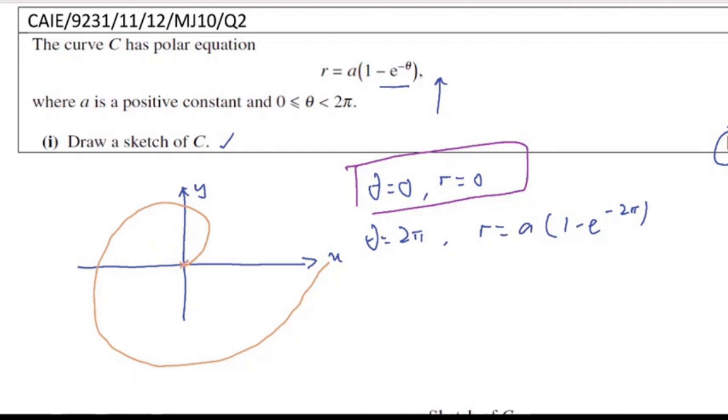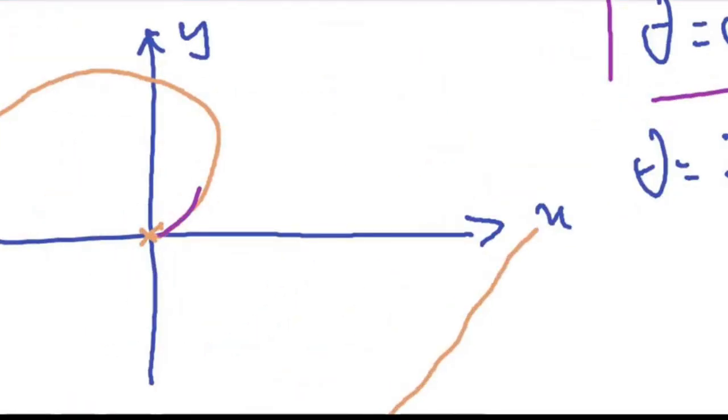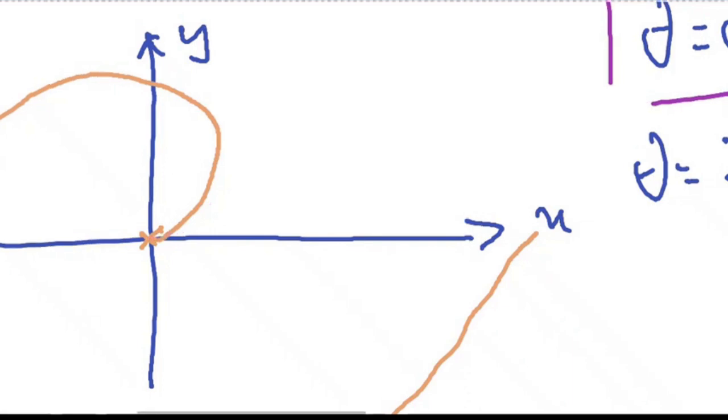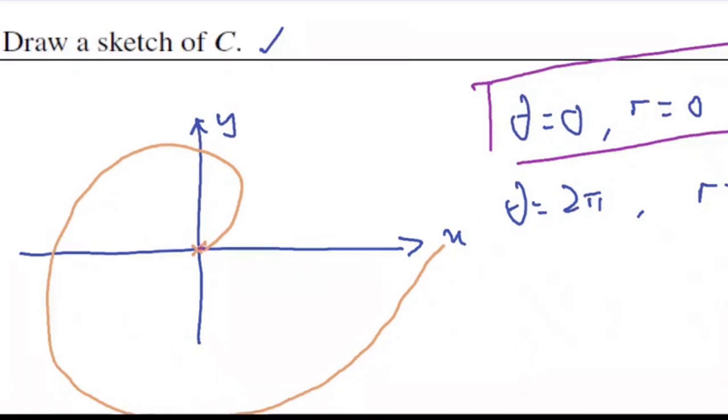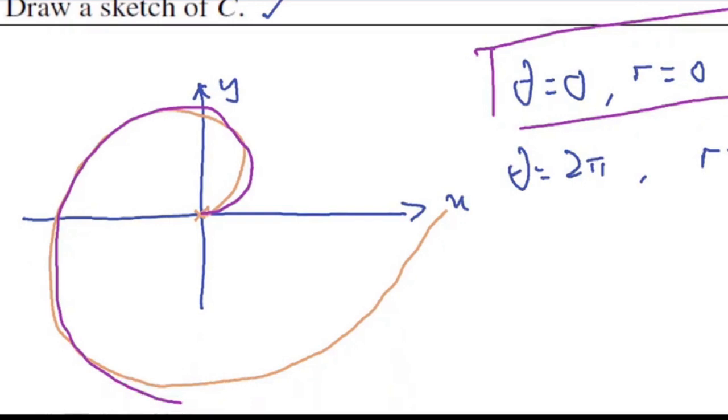Let me zoom in a little bit. For this part of the graph, you can try to make it closer to theta equals to 0 first, and only then start to do the turning. For a better version, it would be like this, then you continue from there. So the purple one, the starting point there, is a better start.